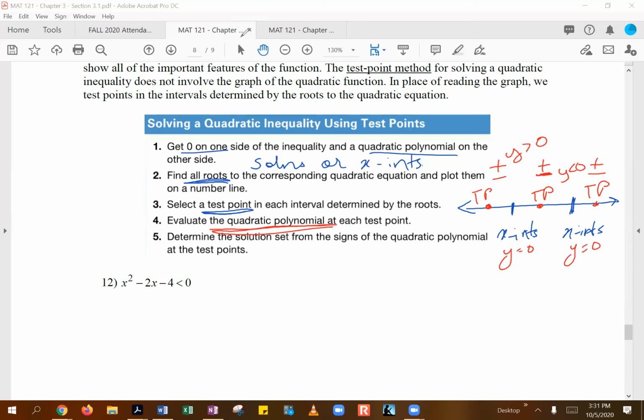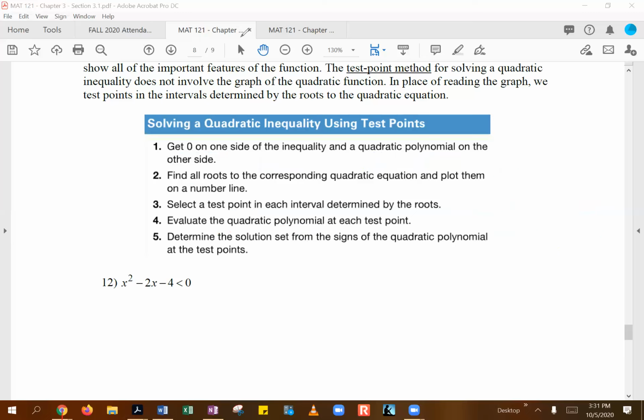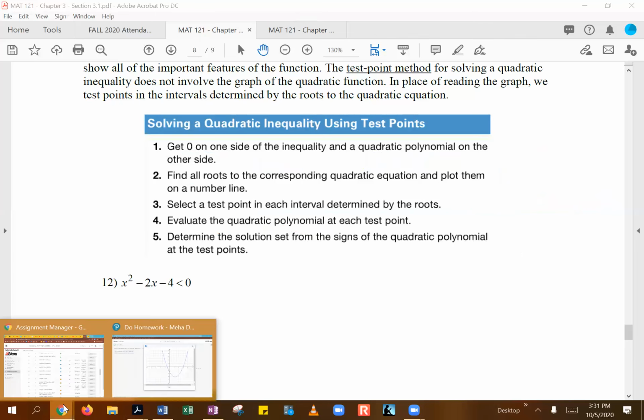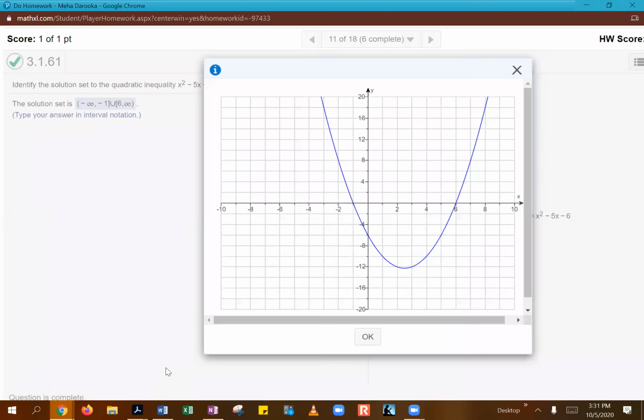So it works very similar to what our graph method does, but like I said, you're skipping the process of drawing your own graph. So if we come back and look at our graphing method over here, it basically works in that same way. We would have our x-intercepts over here. Then from each of these intervals, let's say we would pick a test point, this number over here, this one over here, and this one over here.